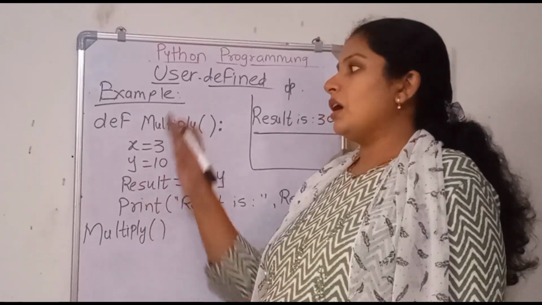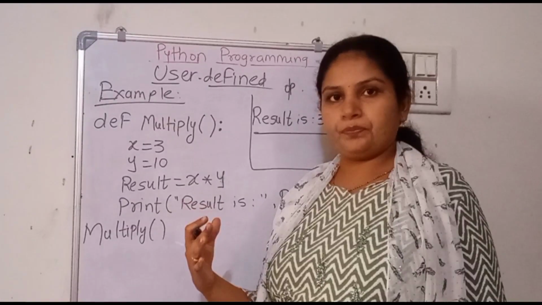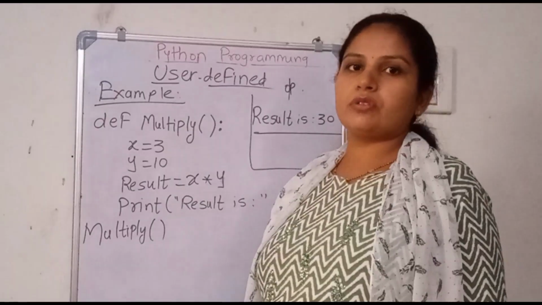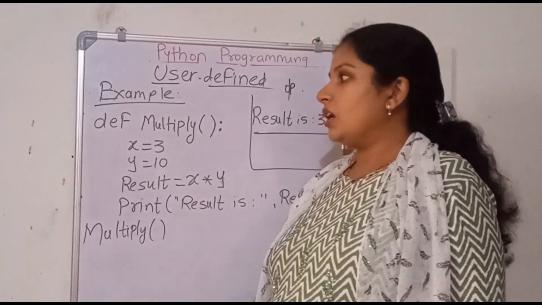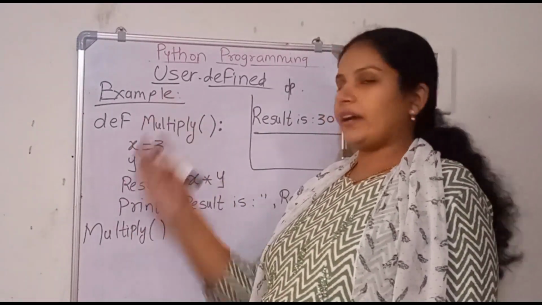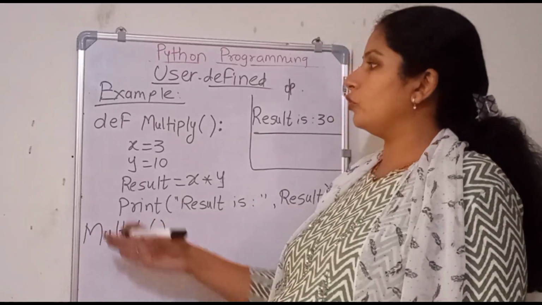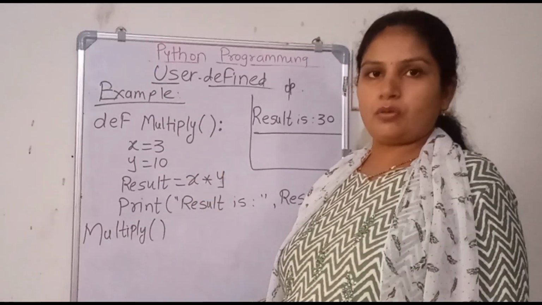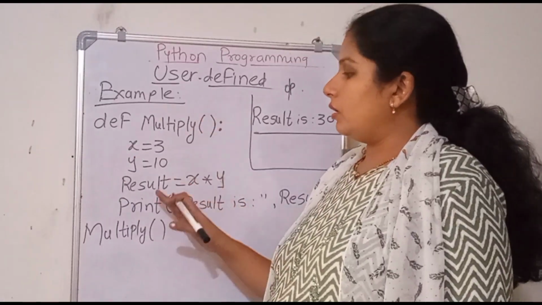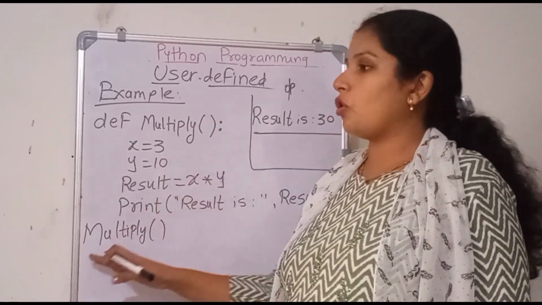Now here, understand the control flow of the program, how your control is flowing throughout the program. This is called the flow of execution. See, while writing, your flow is from up to down, right? So first you are defining the function, then statements inside the function, then calling the function.